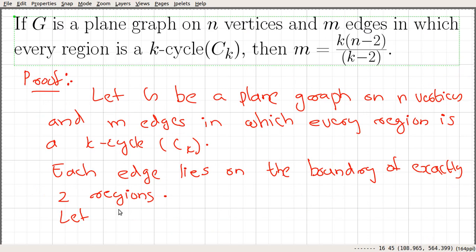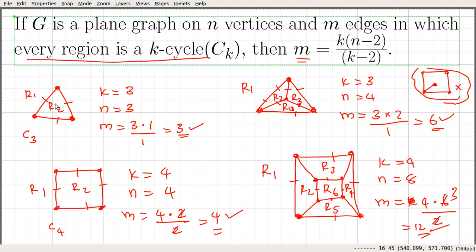and let R1, R2 up to say R sub r, small r, be the regions of G. Okay, so here again we can see that if you look at a particular region R2, and if you sum the number of edges in the boundary of that region, that will be equal to 3 here, right?